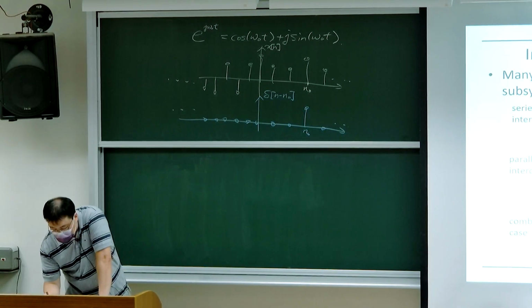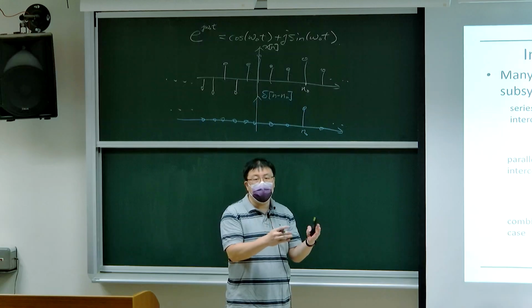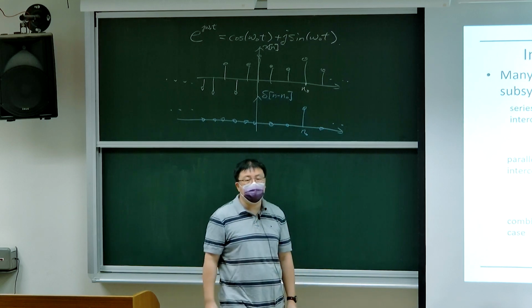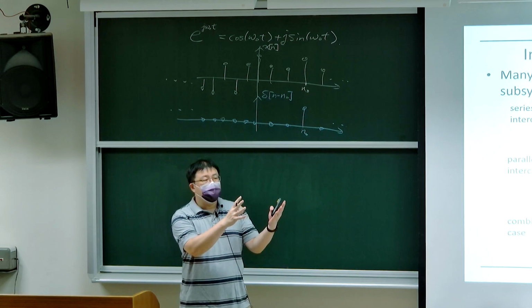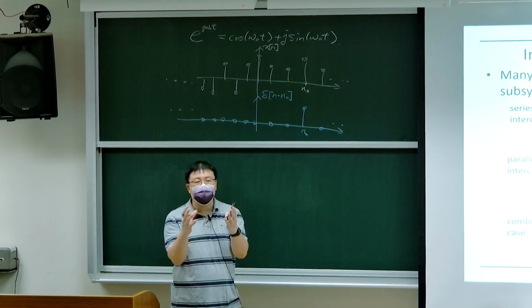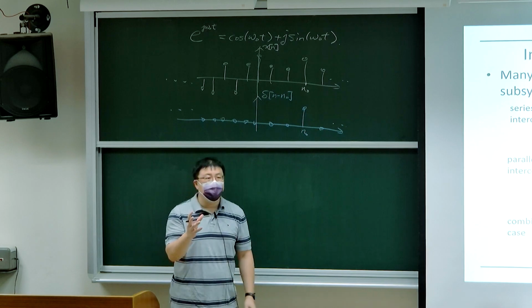Or if you're looking at a communication system, right? So let's say you take an image from your camera. You may perform source encoding to compress the image. That's one subsystem, right?